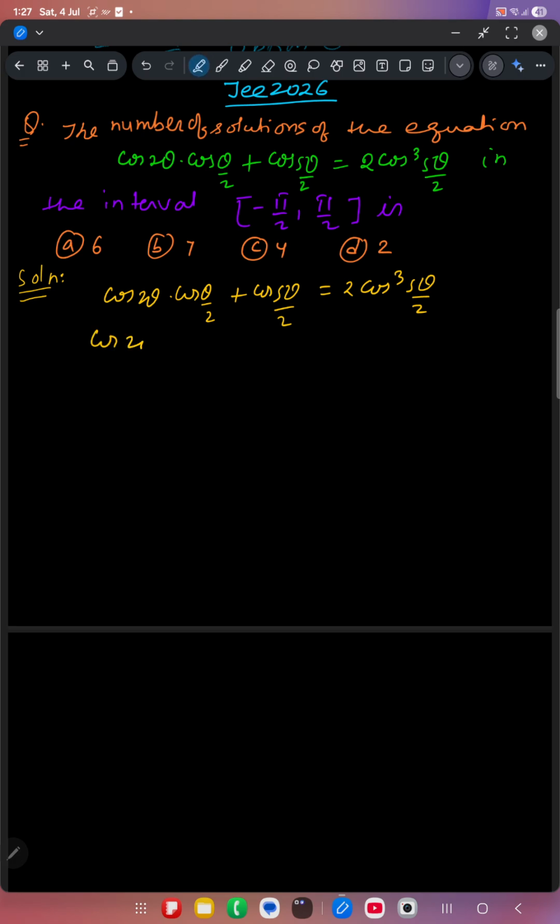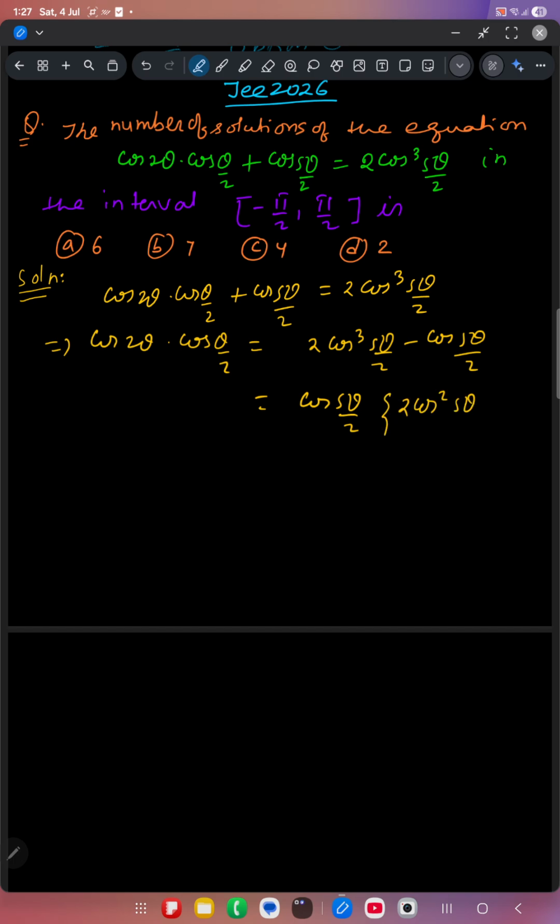Therefore, cos 2θ cos θ/2 will be equal to 2 cos³ 5θ/2 minus cos 5θ/2. We take cos 5θ/2 common. Therefore, we get 2 cos² 5θ/2 minus 1, times cos 5θ/2.